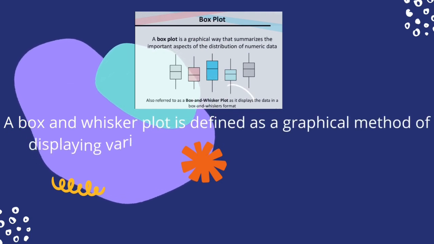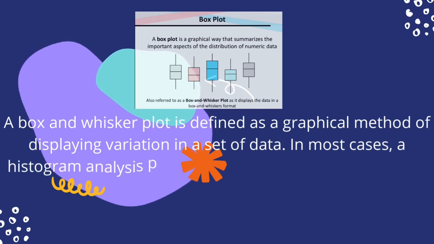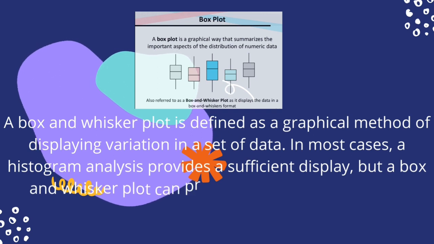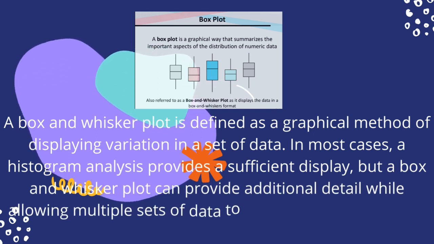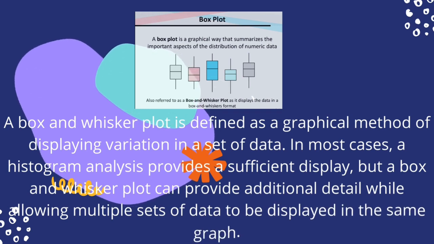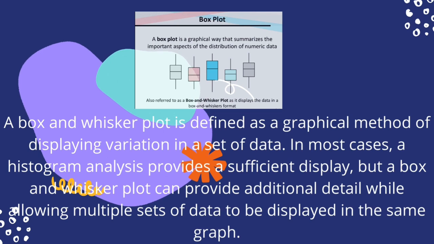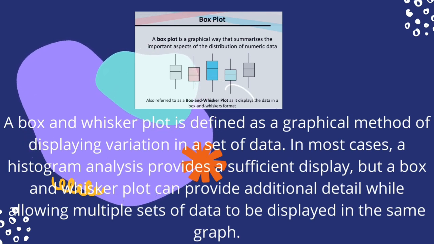A box and whisker plot is defined as a graphical method of displaying variation in a set of data. In most cases, a histogram analysis provides a sufficient display, but a box and whisker plot can provide additional detail while allowing multiple sets of data to be displayed in the same graph.